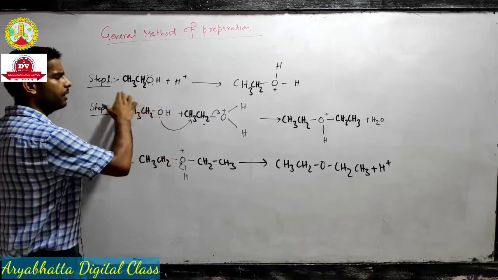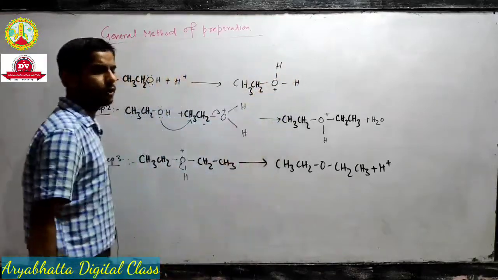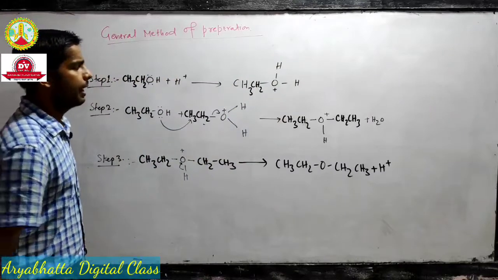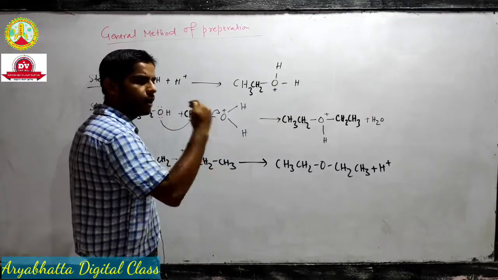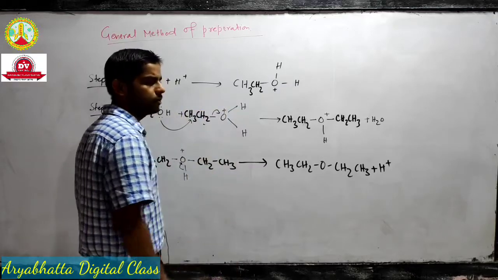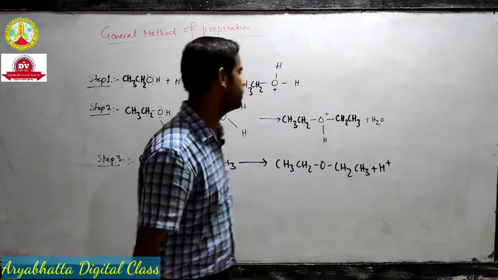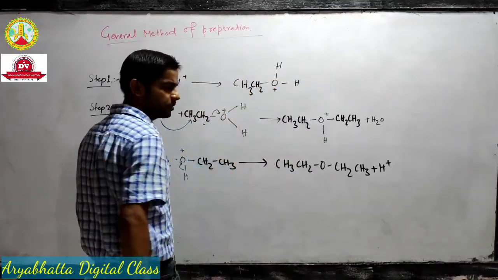Same thing happens: the alcohol gets protonated. In the first step we get a protonated alcohol, and we saw in the chemical behavior of alcohols that after this step an elimination takes place.